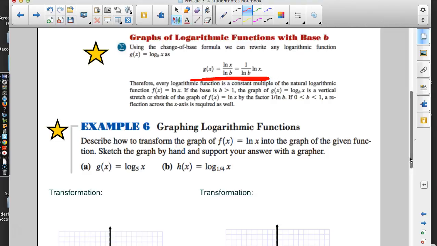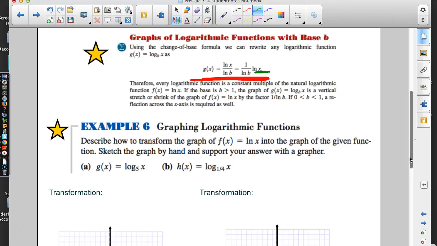And then realize that natural log of x is a parent function. So if we rewrite it as 1 over the natural log of b, that's going to be a vertical stretch or shrink, depending on what our numbers come out to be. With our current bases being greater than 1, this is always going to be a vertical shrink of 1 over natural log of b.